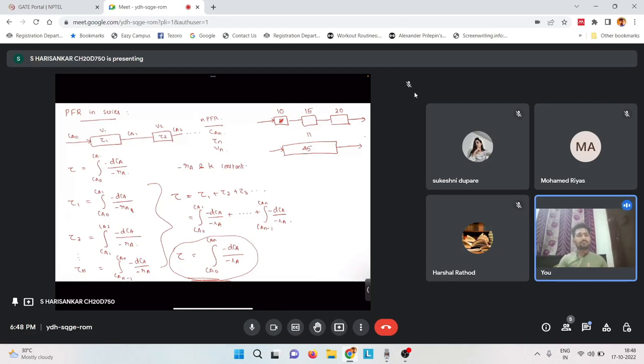If you have three PFRs in series or one very large PFR, as long as the total volumes are the same, the conversion is going to be the same. That is the significance here. There is no advantage of using small PFRs in series, like the advantage you had when using small CSTRs in series. Is it clear?